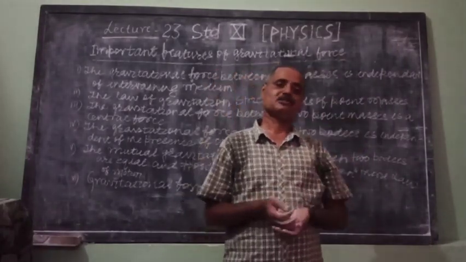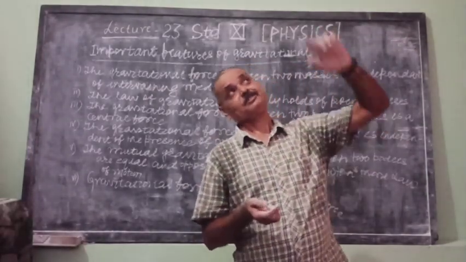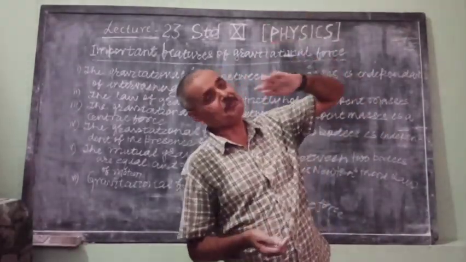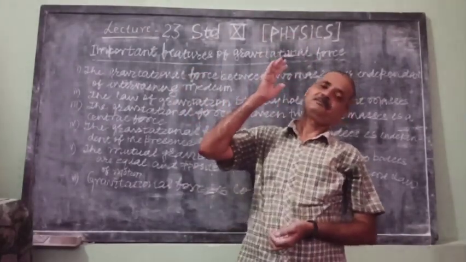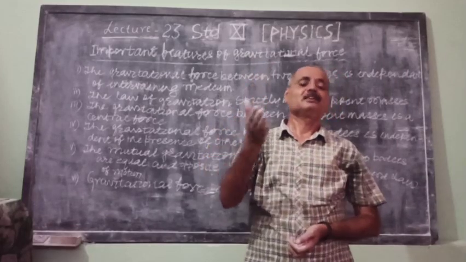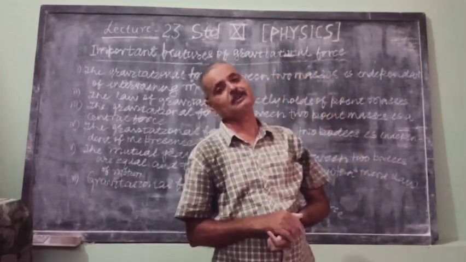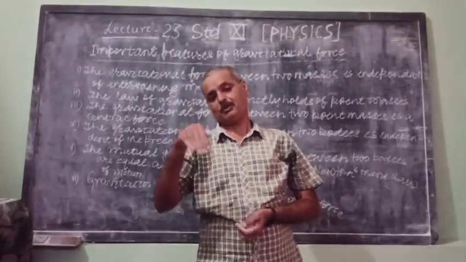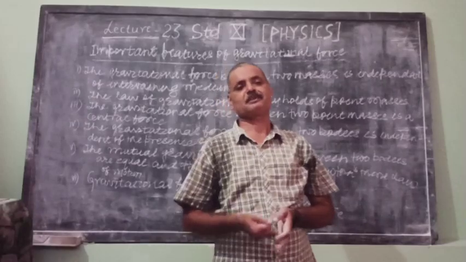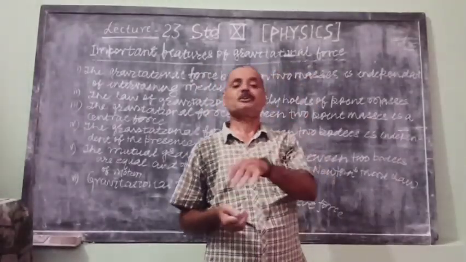In that case, the final conclusion was, as the body is taken above the surface of earth, higher and higher, the value of acceleration due to gravity decreases. But today we have also studied that when the body is taken below the surface of earth, the value of acceleration due to gravity also decreases.